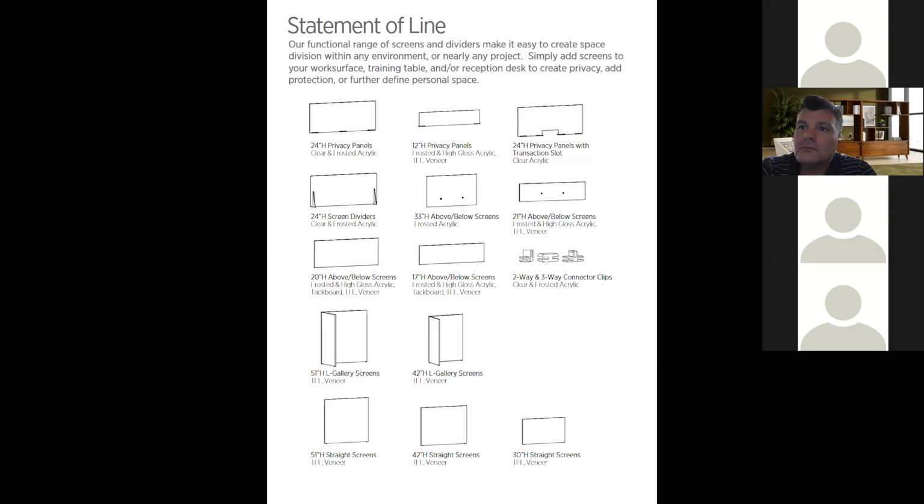So we will not only cover the products that we already have today, but we're also going to highlight these new products in new heights, materials, and options that we've added to the portfolio. Throughout the presentation, you'll notice that the new products are called out so that it makes it a little bit easier for you to see the difference.